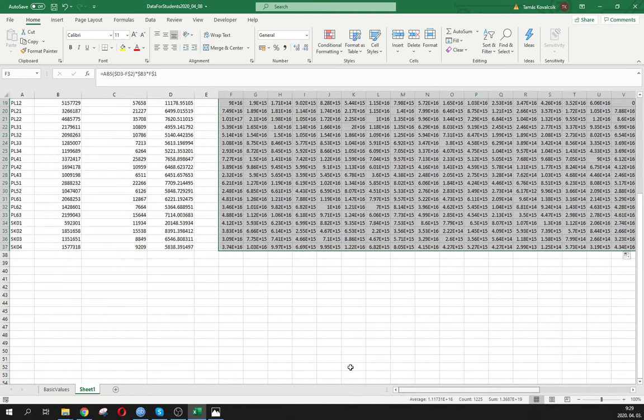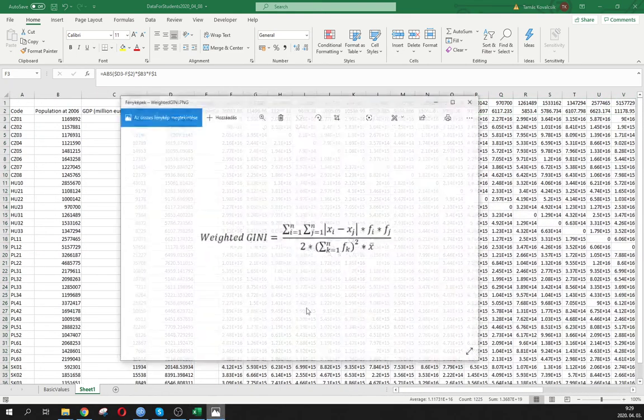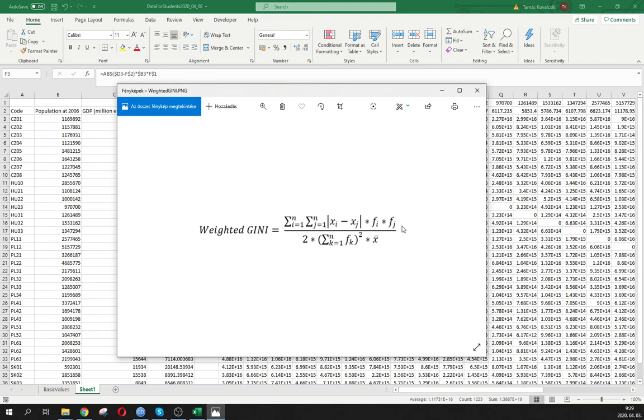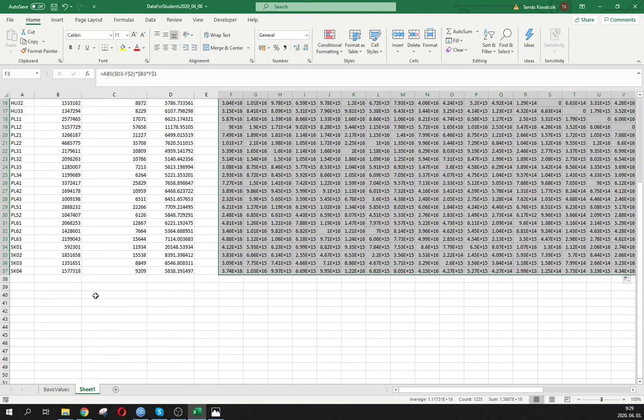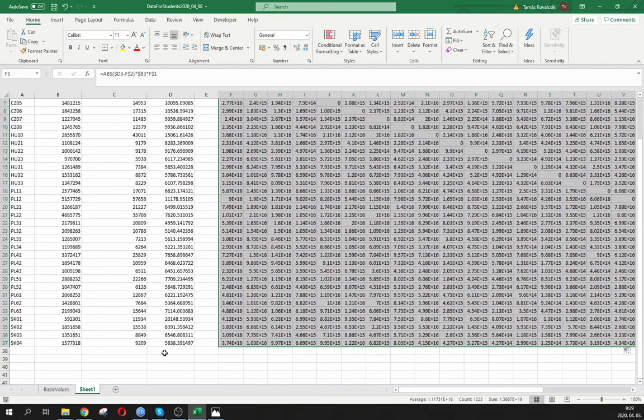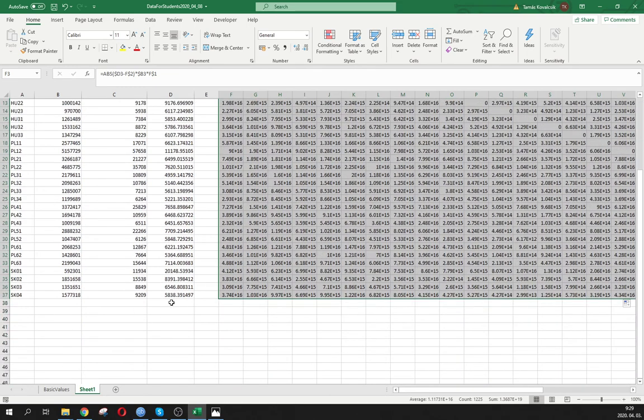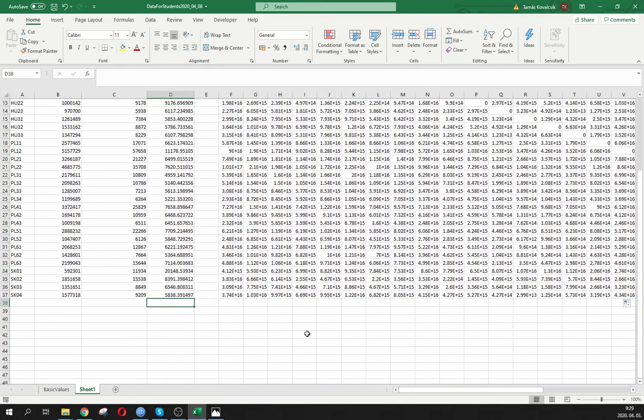Double click. We have this part of the formula. Not yet, because we have to summarize all of the matrix, but first we have to calculate the average number, where we do not use the average function.